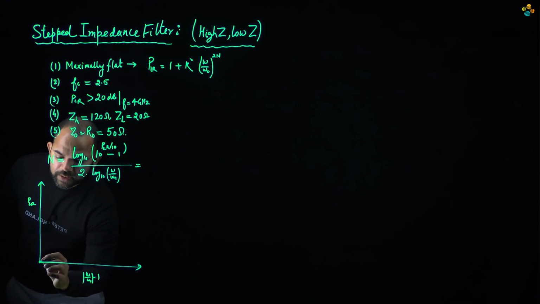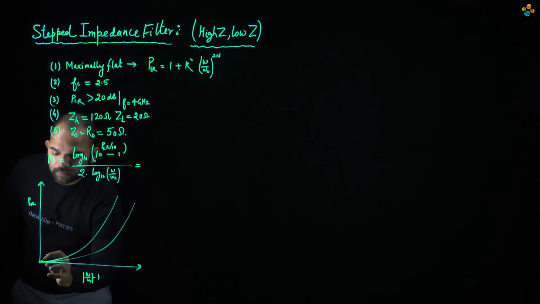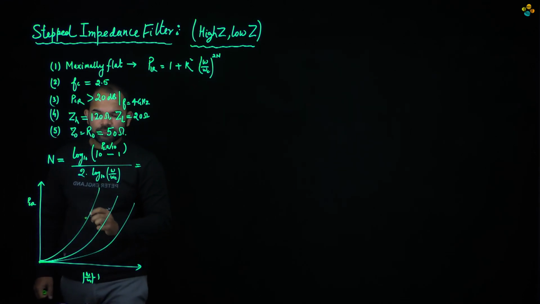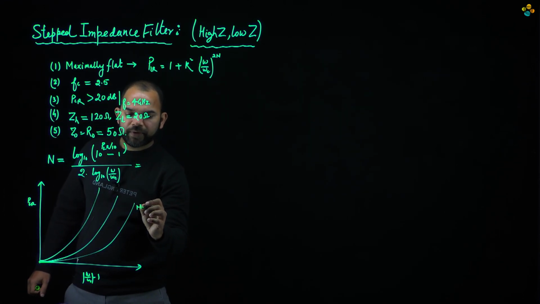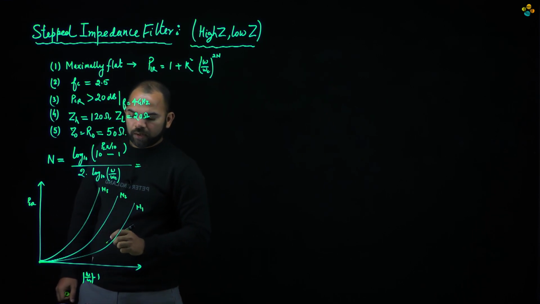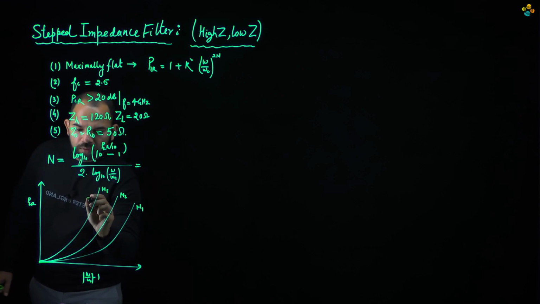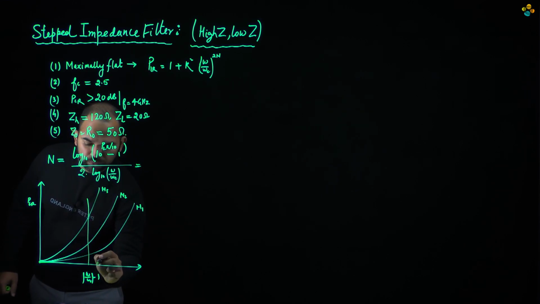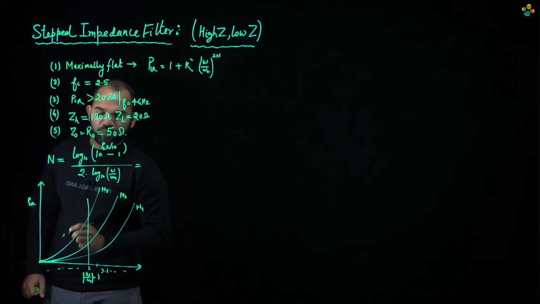Here come the filter orders N1, N2 and N3. If you closely observe, this is 1 and this is 1.2 and so on, and these values are less than 1.